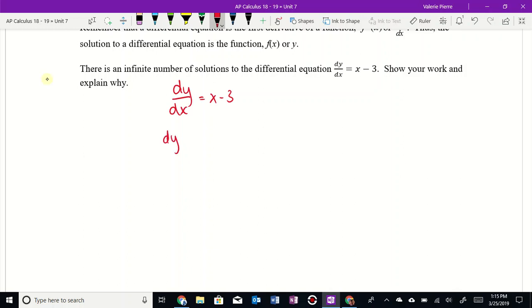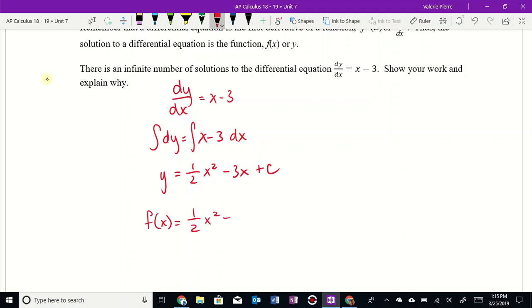So we have dy equals x minus 3 dx, and then we integrate both sides. The integral for dy will give us y. The integral for x minus 3 will give us 1/2 x squared minus 3x. And then we have our plus c. So our function is f of x equals 1/2 x squared minus 3x plus c.